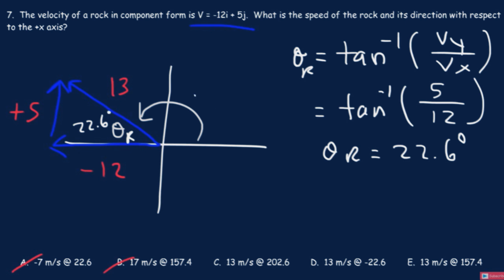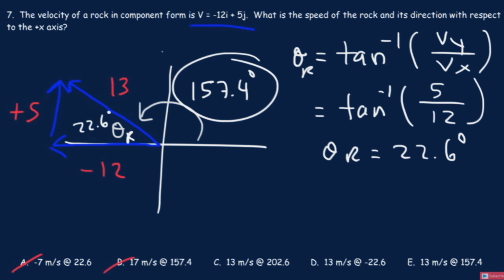However, we need to find this angle. Now this measure is 180, that is basically the angle of the straight line. So we need to find this angle, which is 180 minus 22.6. So if we take 180 minus 22.6, that angle is going to be 157.4.